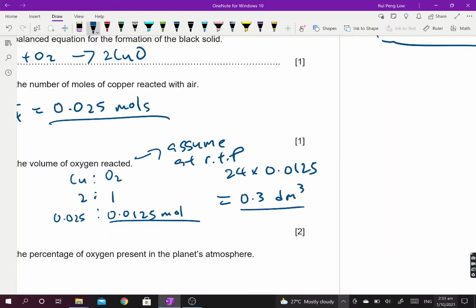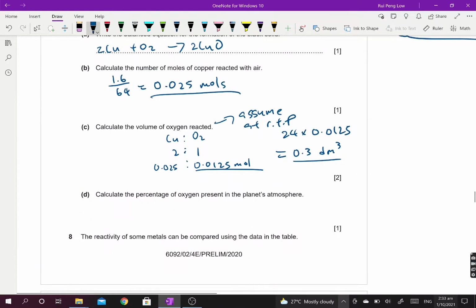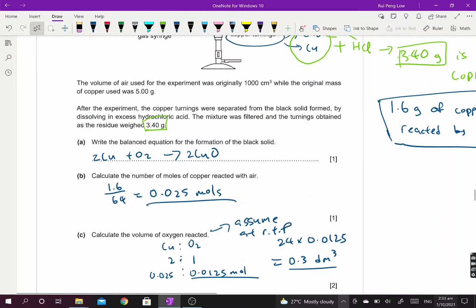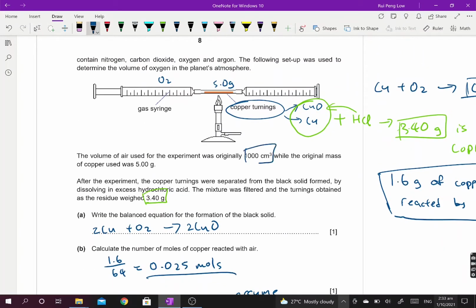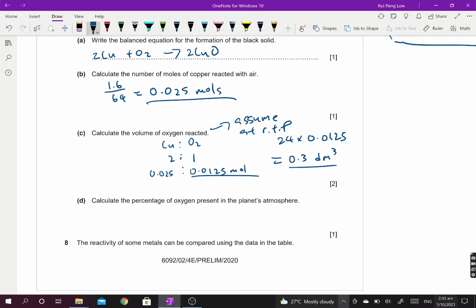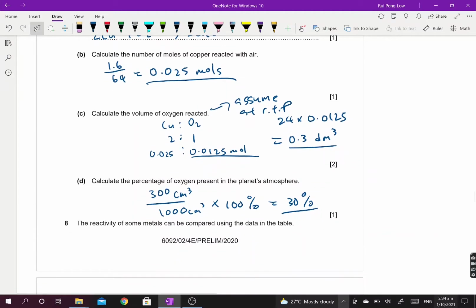Now, calculate the percentage oxygen present in the planet's atmosphere. So we use 1000 cm cube. 0.3 dm cube is actually 300 cm cube over 1000 cm cube times 100%, you get 30%. So 30% of oxygen is present in the planet's atmosphere.